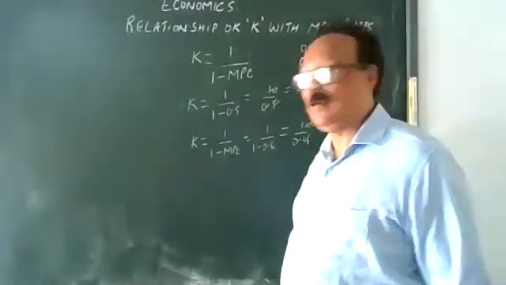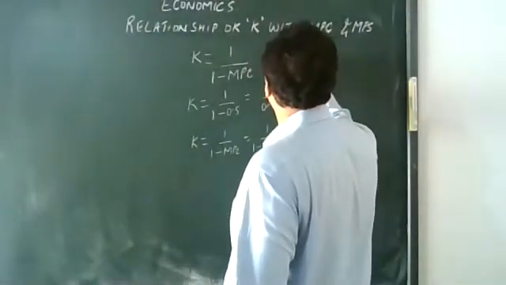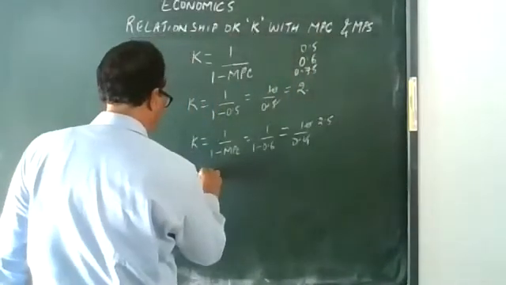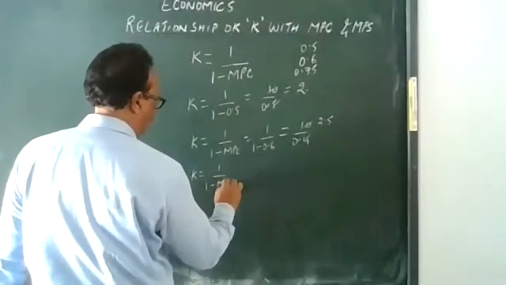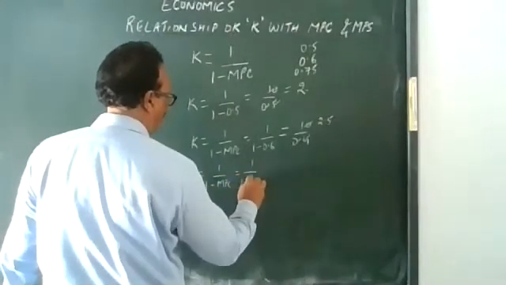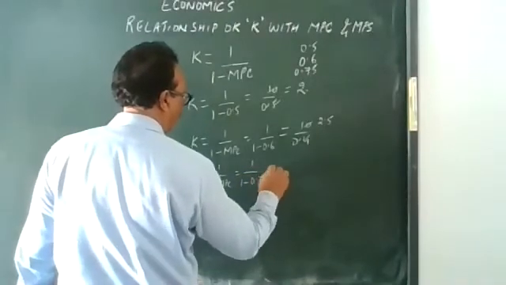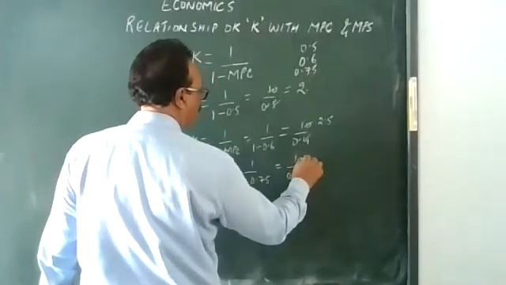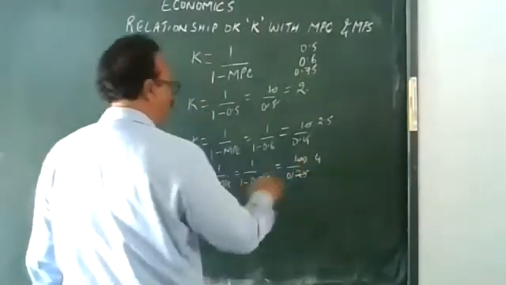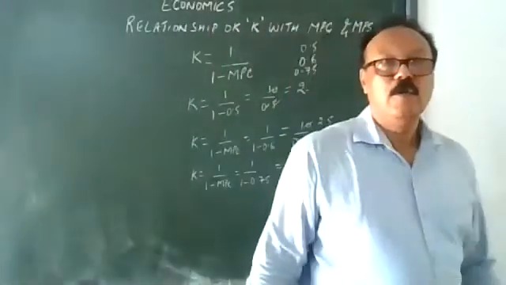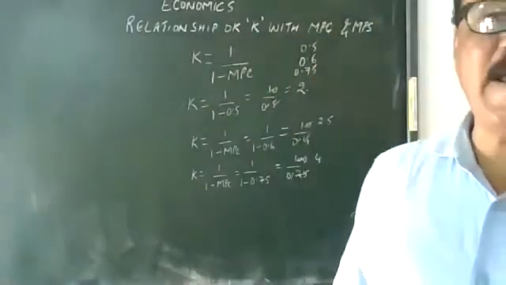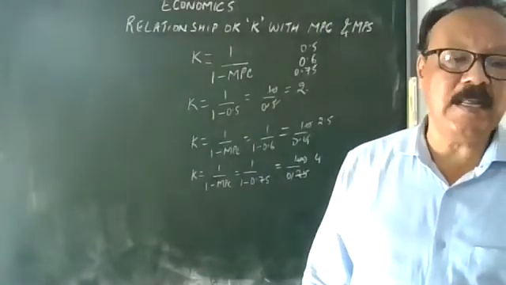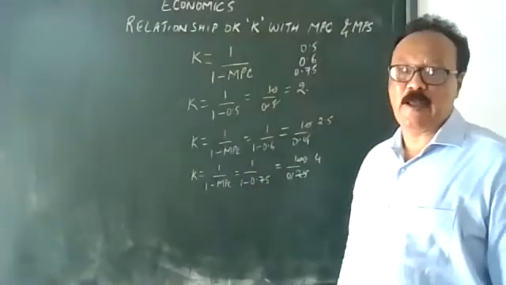Let us take one more example. Suppose MPC was 0.75. K is equal to 1 upon 1 minus MPC, that is 1 upon 1 minus 0.75, that is 1 upon 0.25. Value of the multiplier will be 4. So we see there is a direct relationship between MPC and the value of the multiplier.